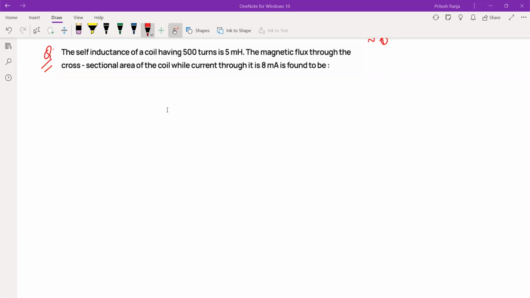So the questions in this section are completely based on mutual inductance as well. Let us understand the coefficient of mutual inductance, because we already dealt with self inductance.